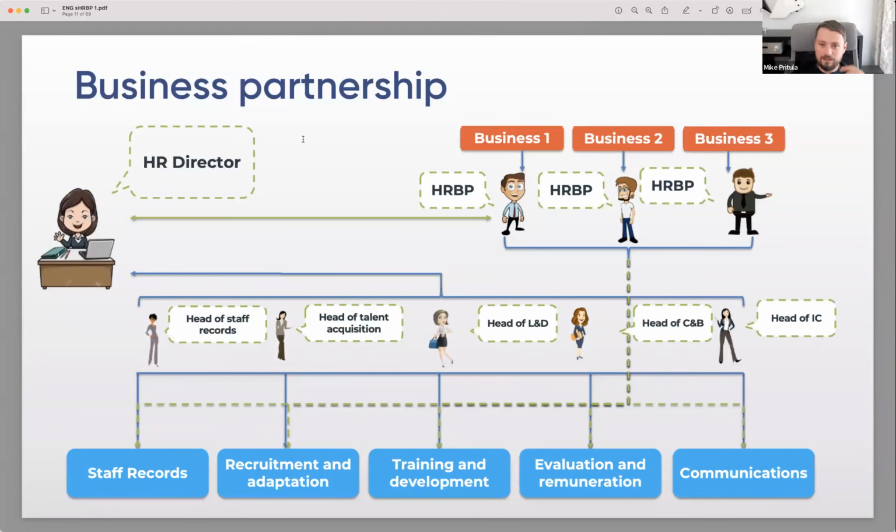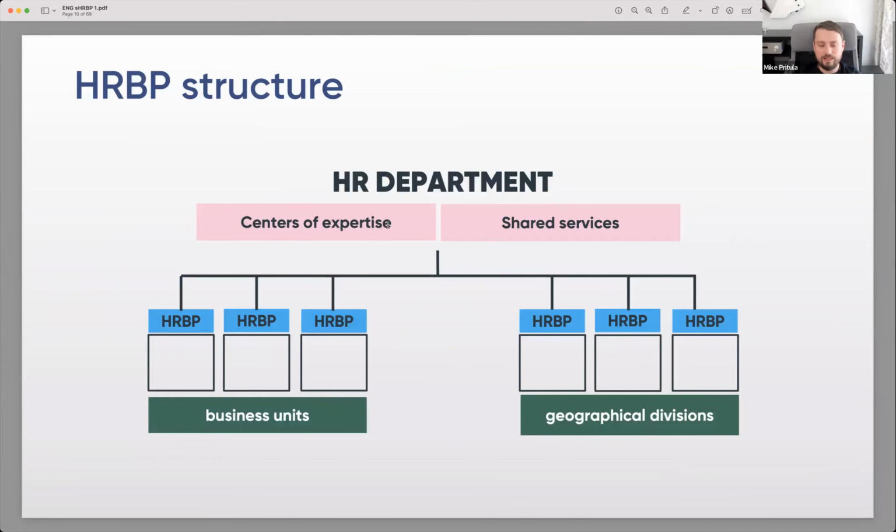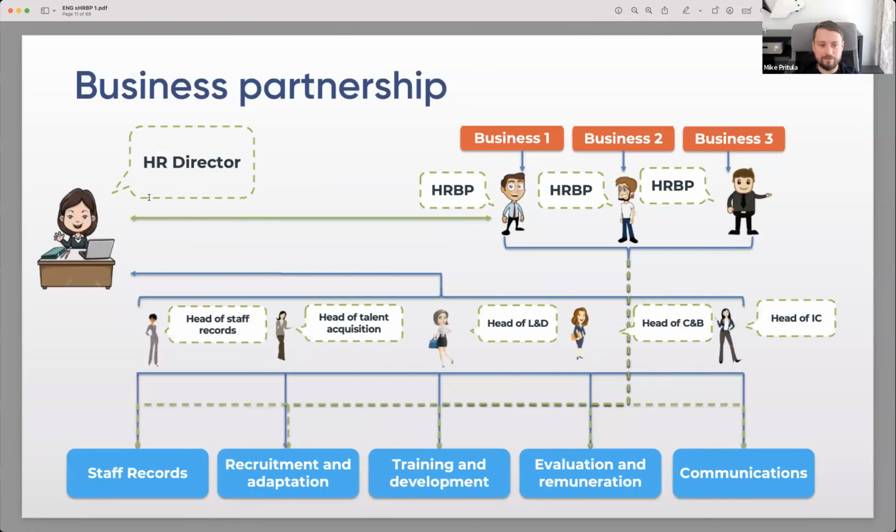And if we look deeper, then we can find this kind of situation. And sometimes we have this division on center of expertise and shared services, and sometimes not. Sometimes we may have HR director, then head of different HR departments like staff records, recruitment and adaptation, training and development, evaluation and remuneration, communications.